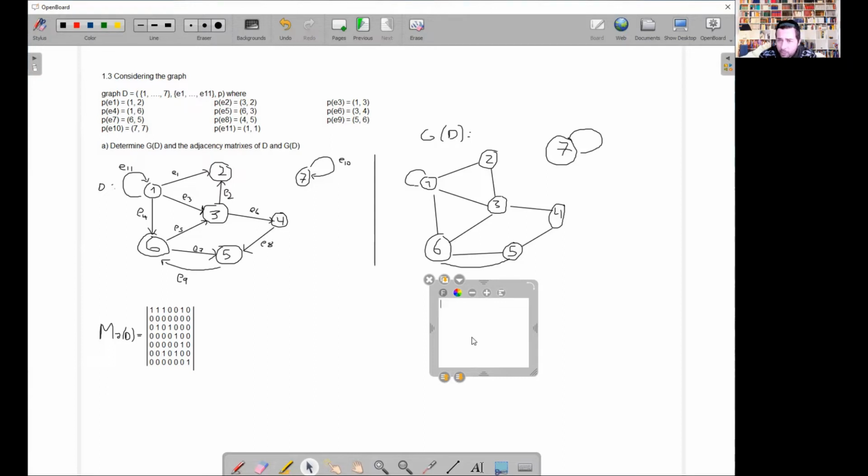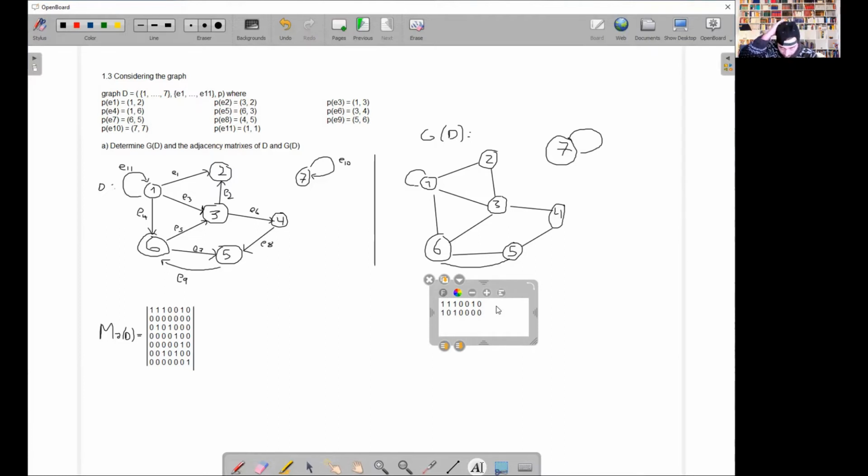We have a link from 1 to 1, from 1 to 2, from 1 to 3, to 4 and 5 we don't have, to 6 we have, and to 7 we don't have. We pass to the second node, and on the second node we only have a link to 1 and to 3. Right, so we put the ones on 1 and 3, the first and the third position, and that's all.